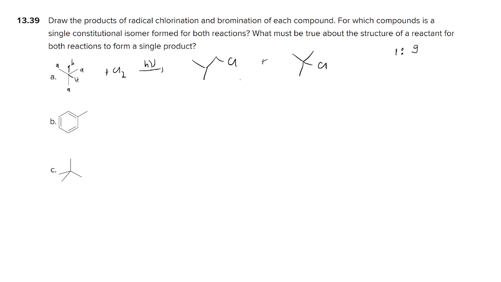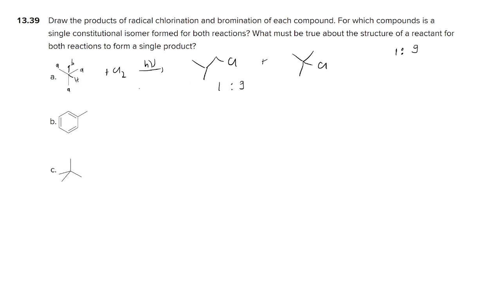Statistically, we expect a 1:9 ratio of this product, but the reaction is not very selective, so we probably will have more than a 1:9 ratio for this reaction. So that's the first conclusion.